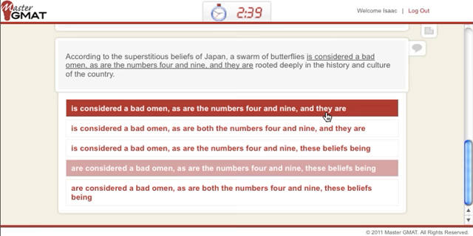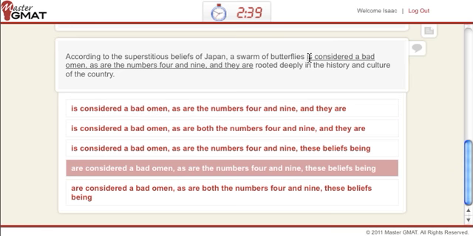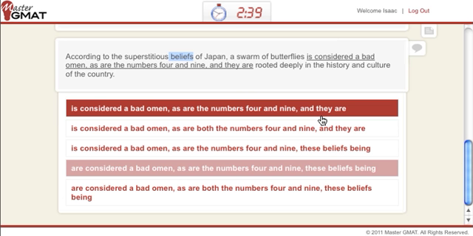Now, in this case, the they can actually refer back to the butterflies very easily or to the beliefs. That makes it an ambiguous pronoun, but you have to remember that pronouns can be ambiguous and correct in the GMAT. It sounds counterintuitive, but it can happen.